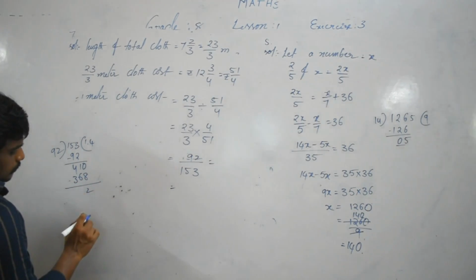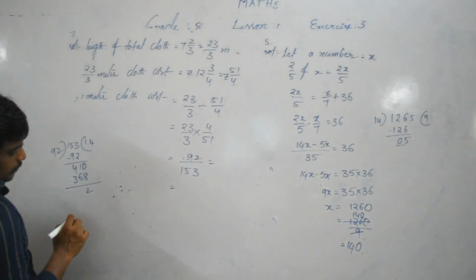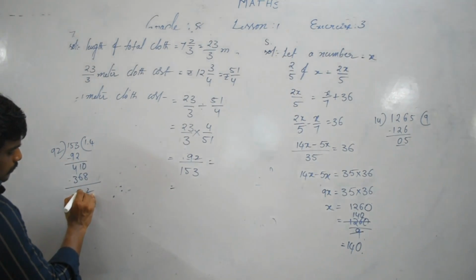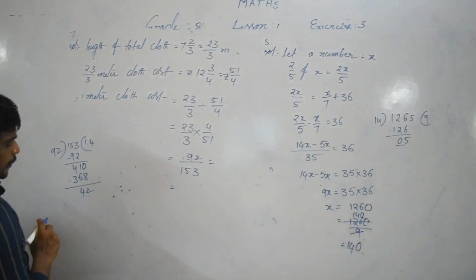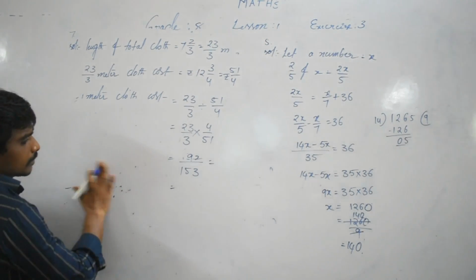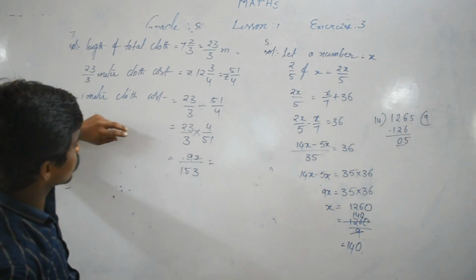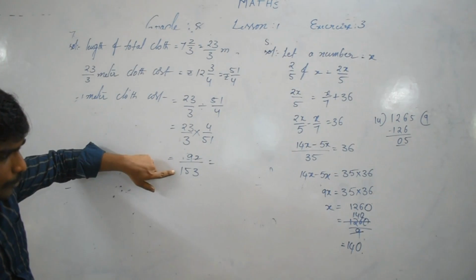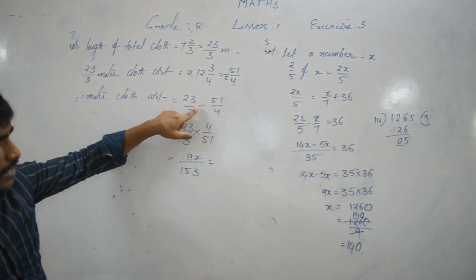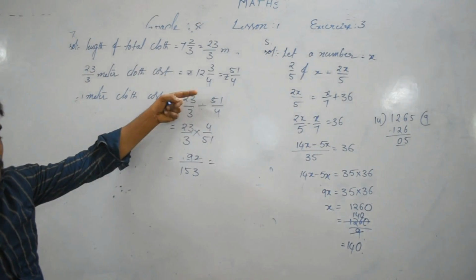Here 2, we take 1, here 4, 1.4. So here 92 by 153, like as is, here we reverse, right.